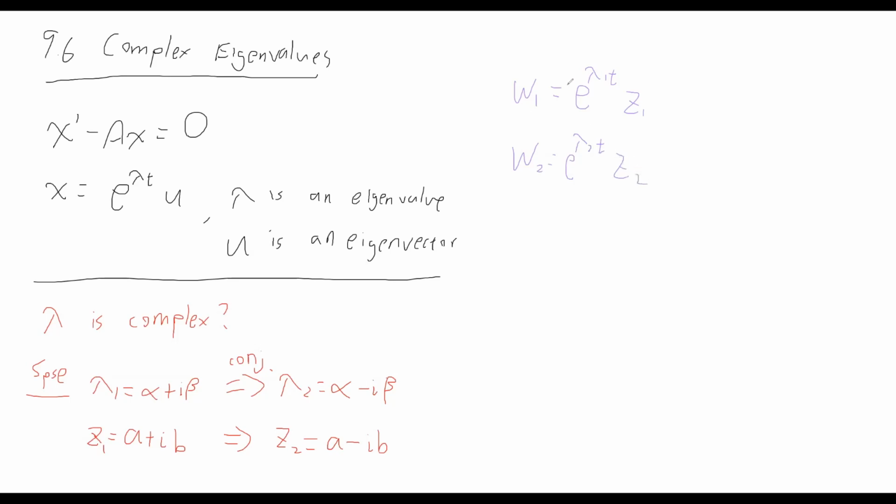Now keep in mind that lambda 1 is complex, right? So let's rewrite it as e to the (alpha plus i beta) t, and then a plus ib. Okay, and similarly for the second one, e to the (alpha minus i beta) t, and then a minus ib.